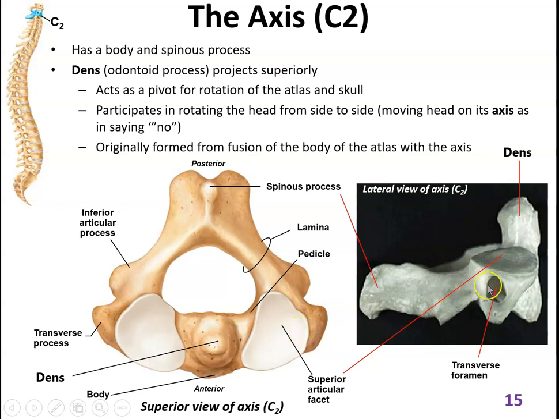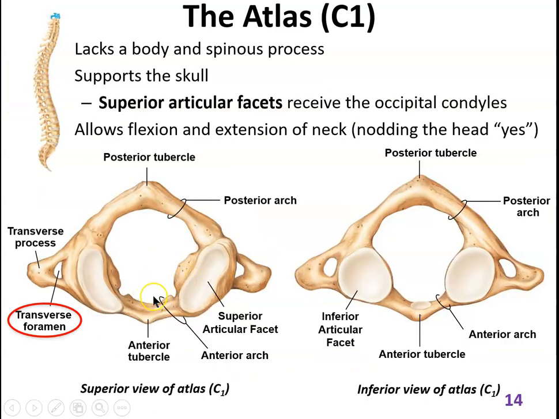And this one starts to look more like a normal vertebra with a spinous process, transverse processes, and inferior articular processes. But this is definitely unique in that it also has this dens or odontoid process which sticks up here, and that is going to stick up right through here.